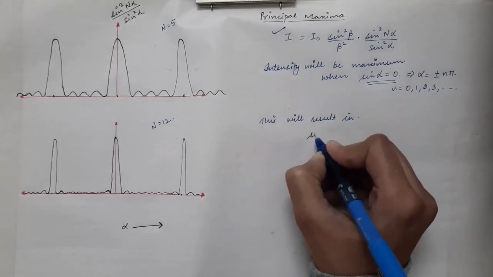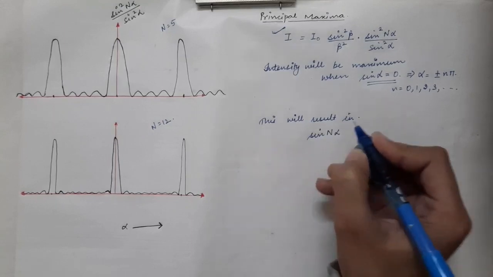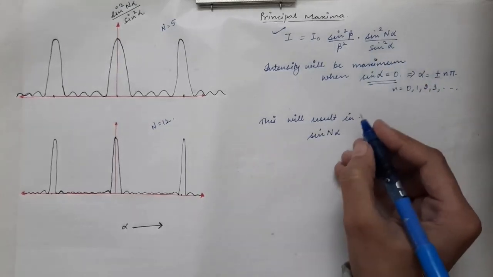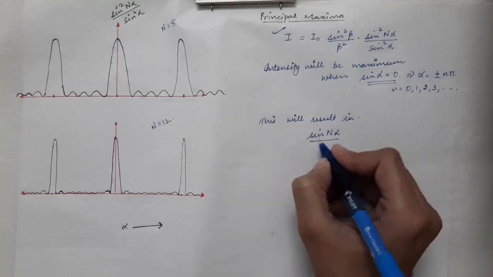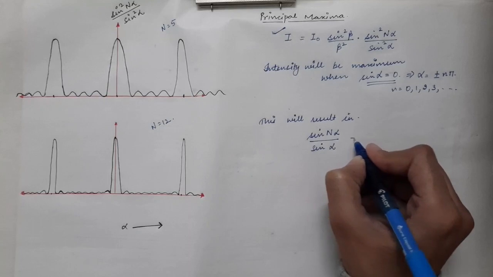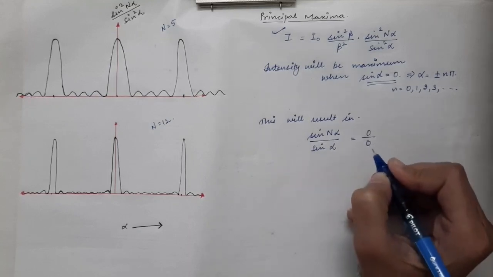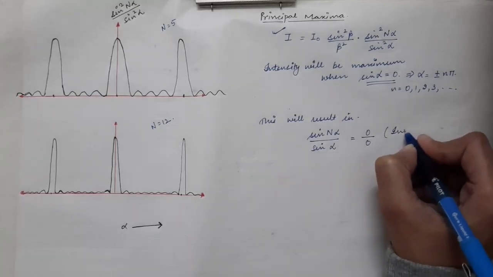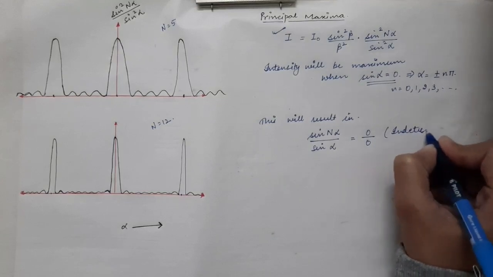Sine n alpha divided by sine alpha will be equal to 0 over 0, which is indeterminate.